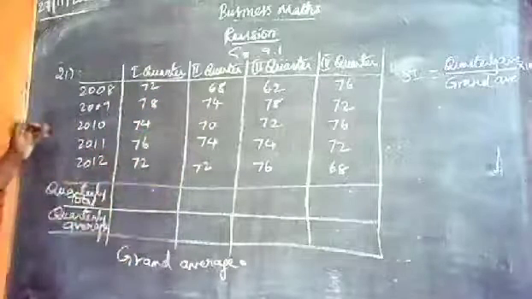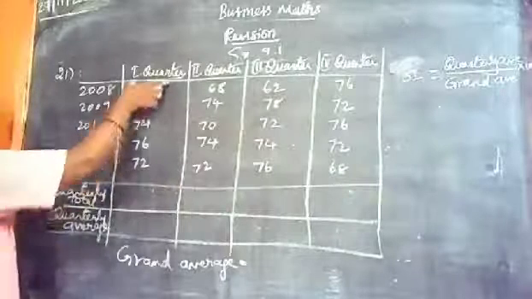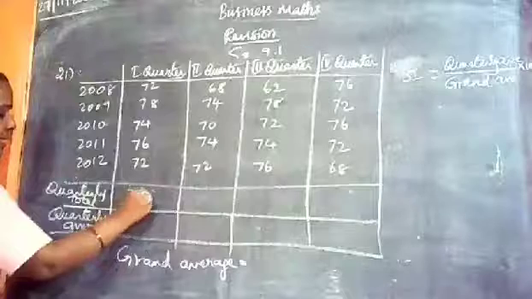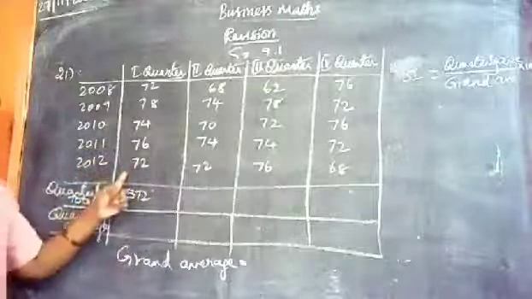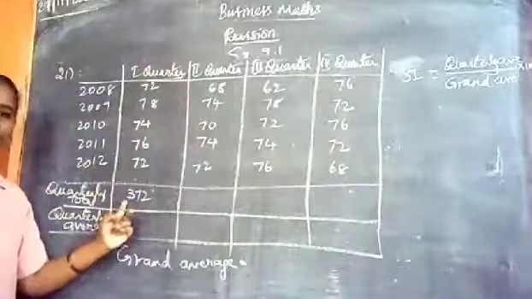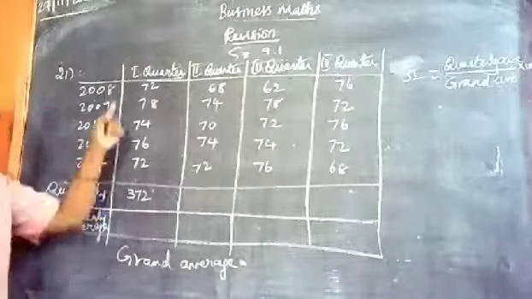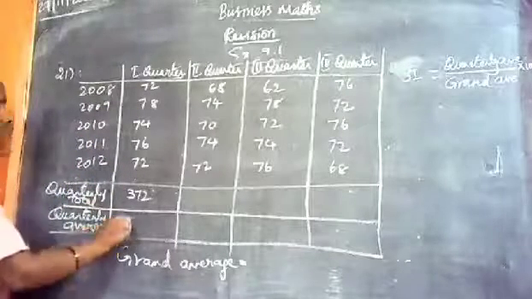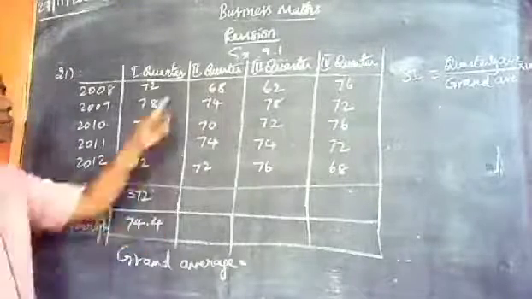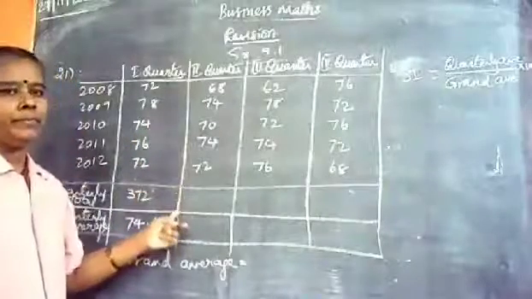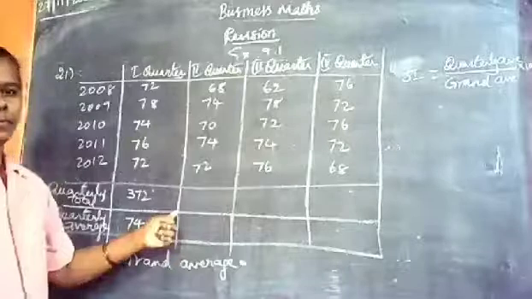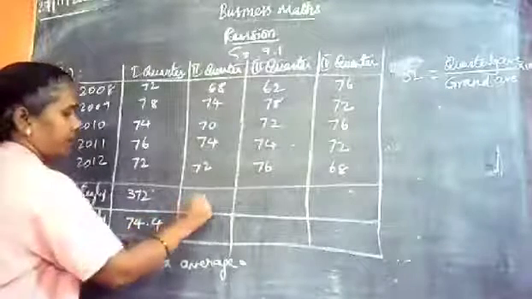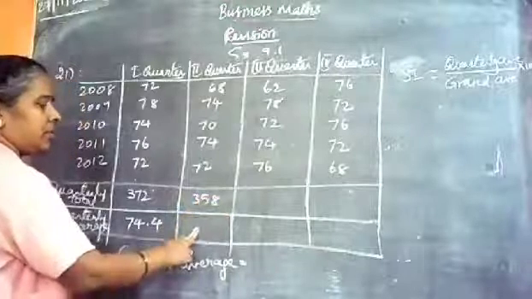Okay, now let us find the quarterly total. First quarter total is 372. Its average is the total divided by 5. We added 5 numbers, so we divide by 5, so 74.4. What about the second quarter total? 358, and its average 71.6.